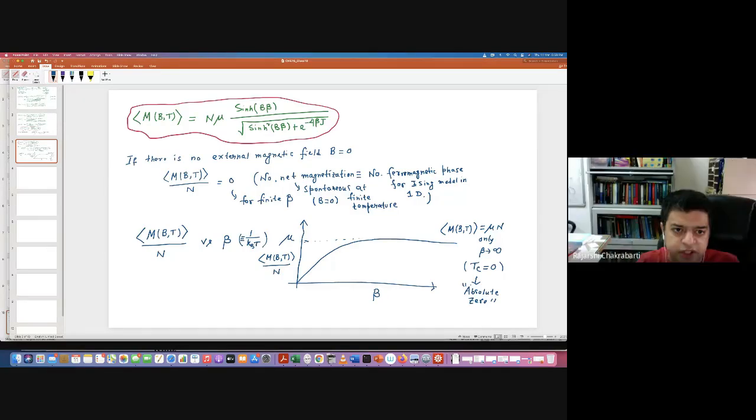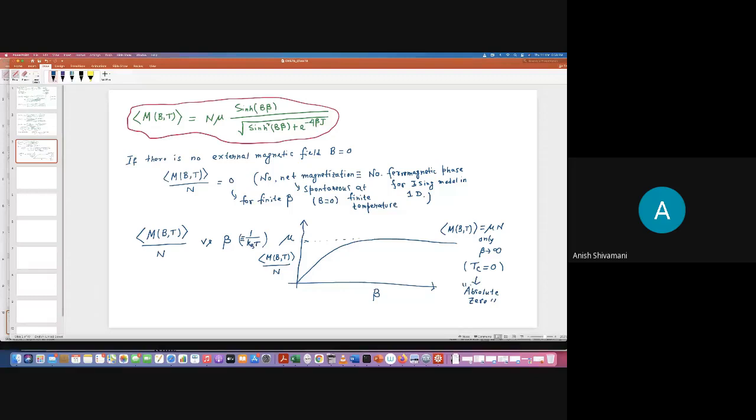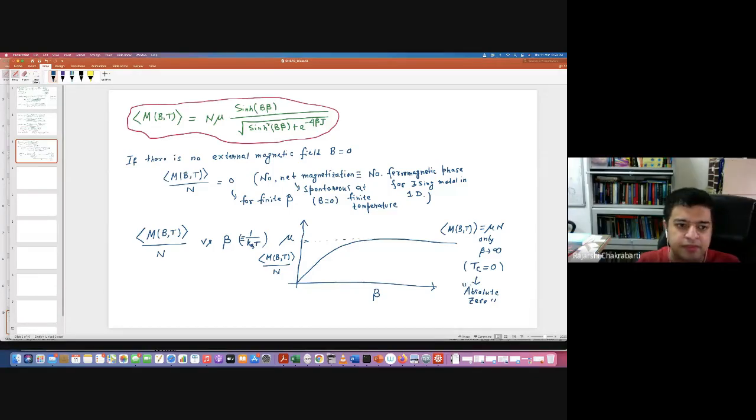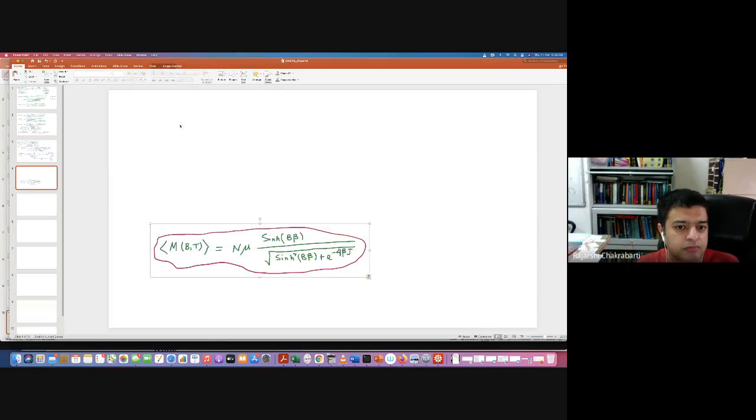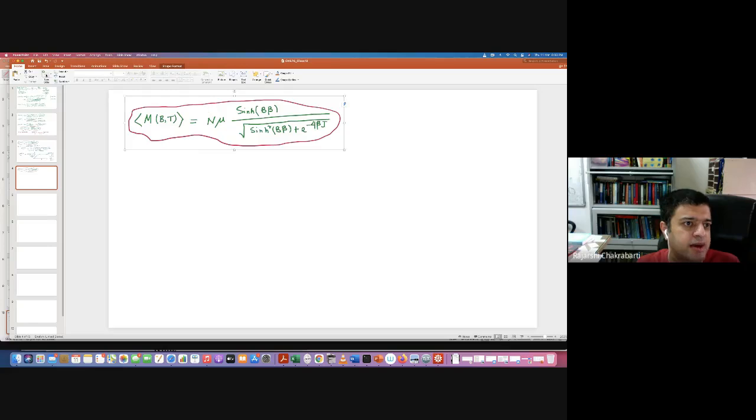You can see it from the expression itself. Now I can do one more thing. This is my expression for average magnetization.